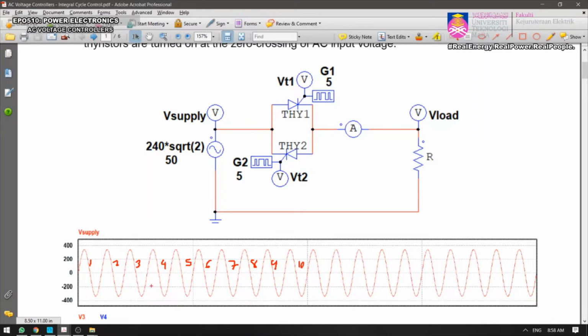So we have 10 input cycles for one output cycle. The input is 10 times faster.